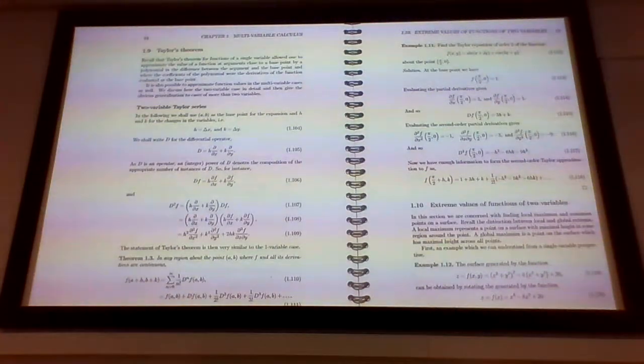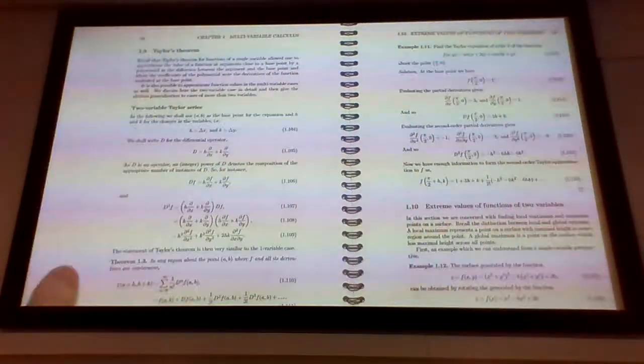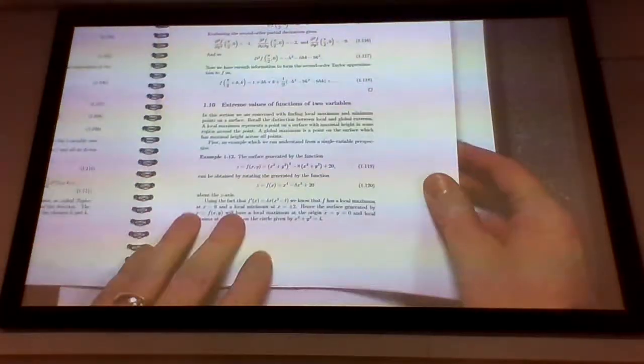We're going to be looking at Taylor's theorem, Taylor series for functions of two variables, and also looking at how to find and classify stationary points of functions of two variables as well.